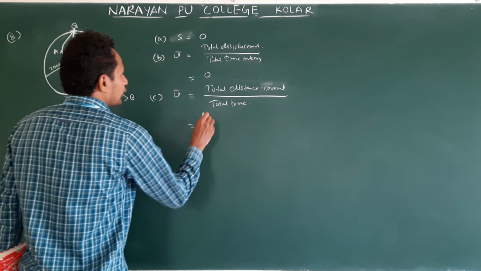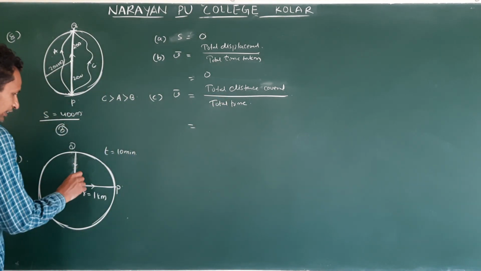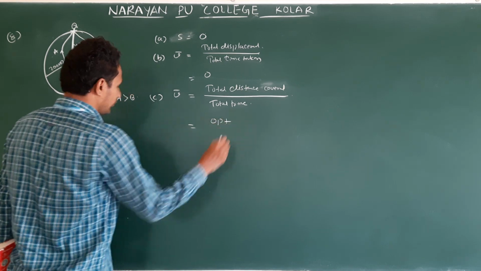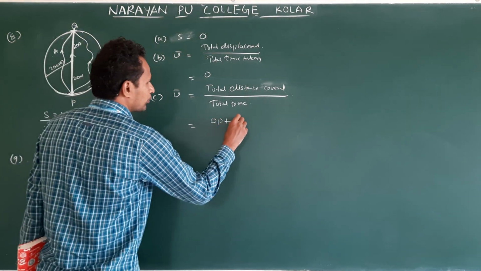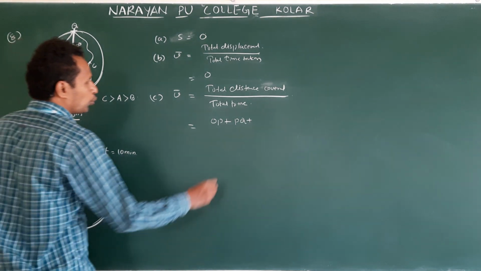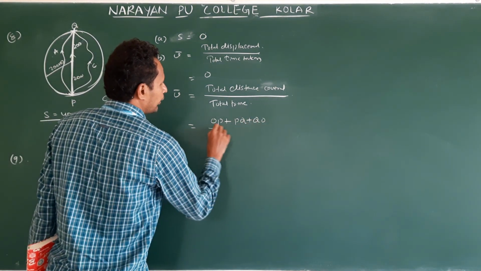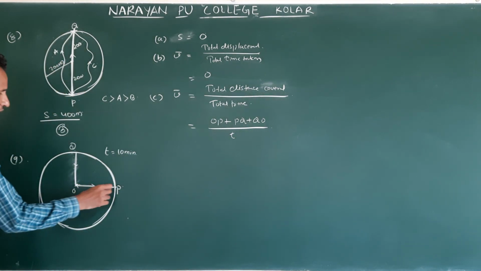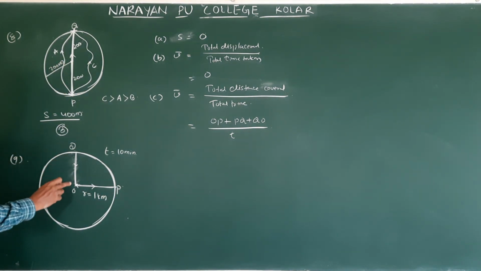Total distance traveled, for this round trip, I will write like this: OP, then PQ, then QO, by total time taken T. OP is R. QO is again R, radius.